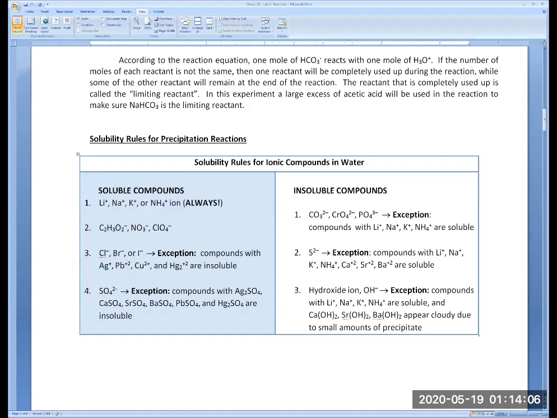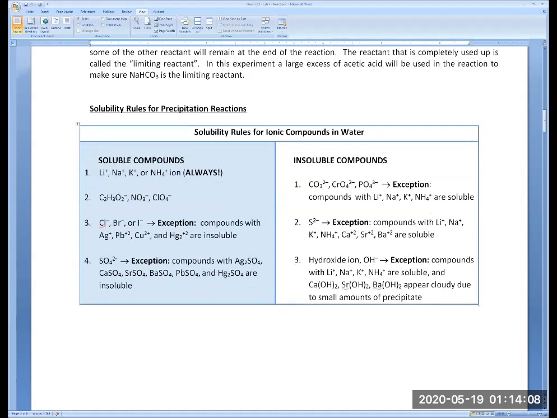And so the way to read this table is that on the left side where it's blue, you have the soluble compounds, which means for example, case 1, when you have lithium, sodium, potassium, and ammonium, these will always make ionic compounds that are soluble in water. That's how you want to read this table.